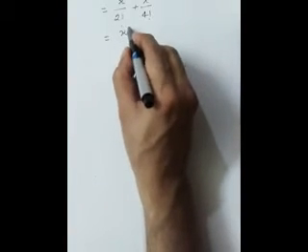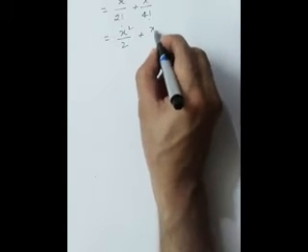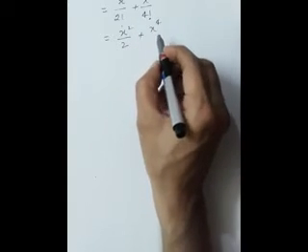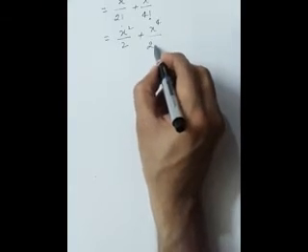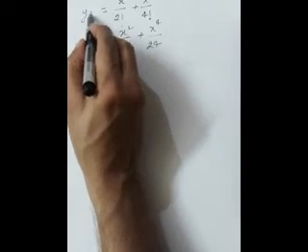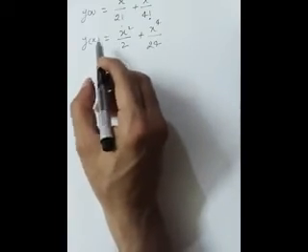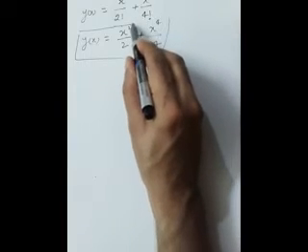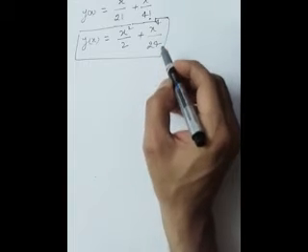This is equal to x square over 2 plus x raised to the power 4 over 24, which is the solution of the given integral differential equation.